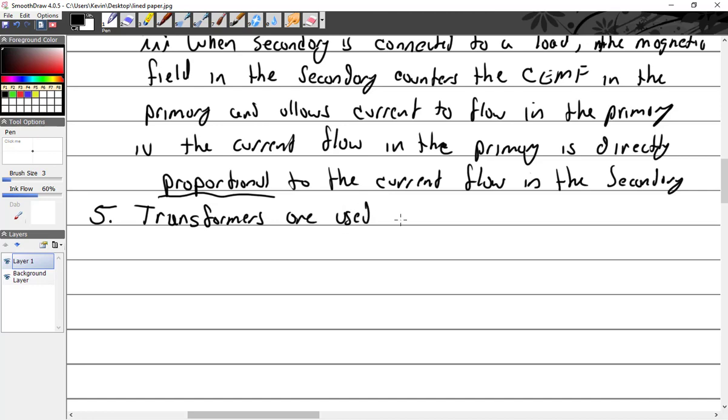Transformers are used to do what? I've already said this once. Step up and step down voltage. Okay, step up, step down voltage. Transformers step up or step down voltage.